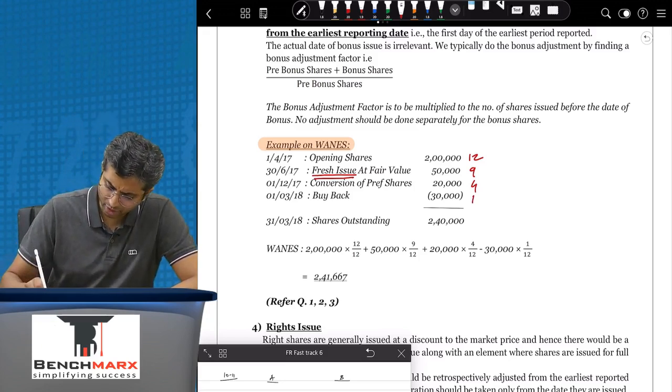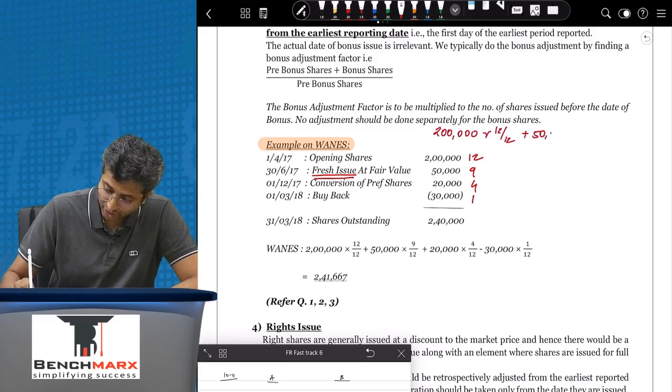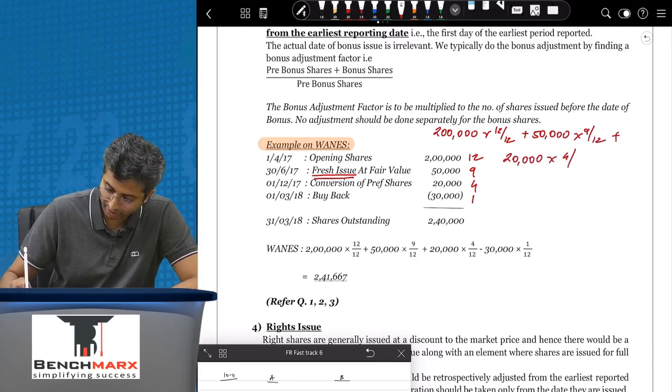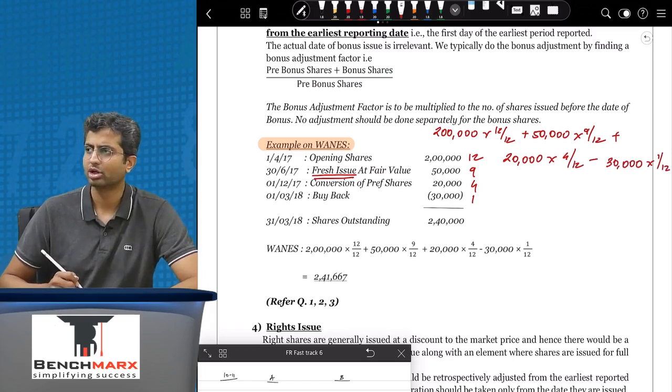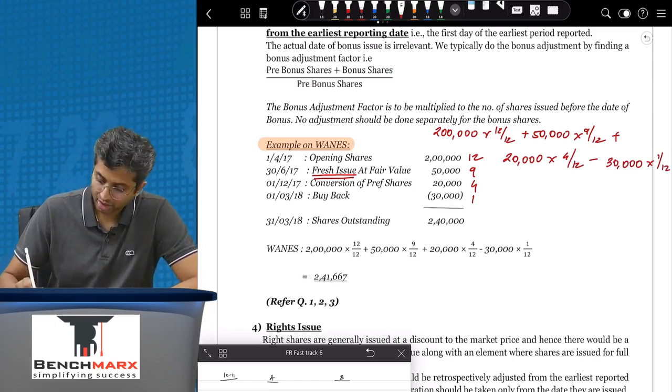And as a result, if I were to find weights, we can say 2 lakh shares are outstanding, let us say for the entire 12 months, plus another 50,000 shares are issued which are outstanding for 9 months, plus another 20,000 shares are issued which are outstanding for 4 months. However, some of these shares have been bought back. So basically 30,000 shares have been bought back, and that is to be reduced because they are bought back for 1 month.